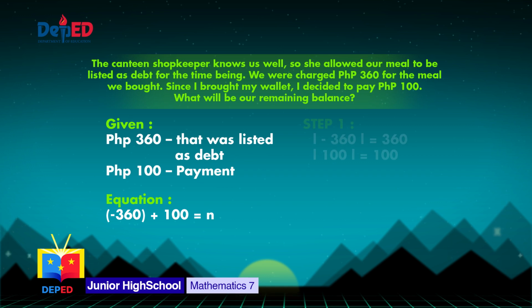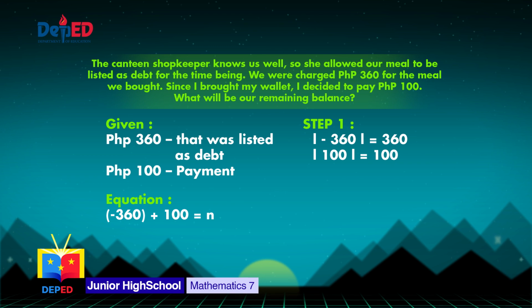Step 1. Find the absolute value of each integer. The absolute value of -360 is 360, while the absolute value of 100 is 100. Step 2.